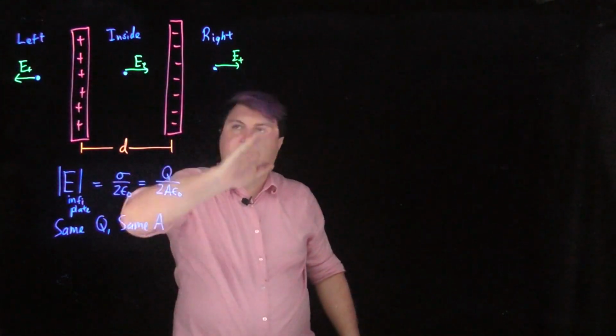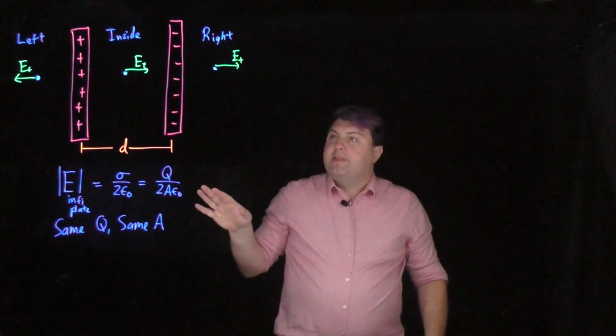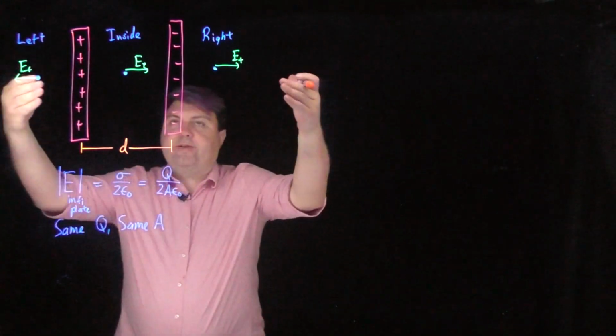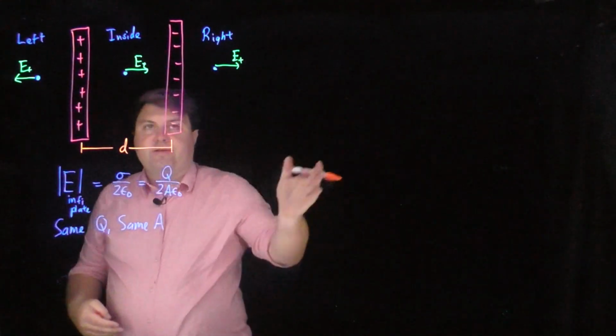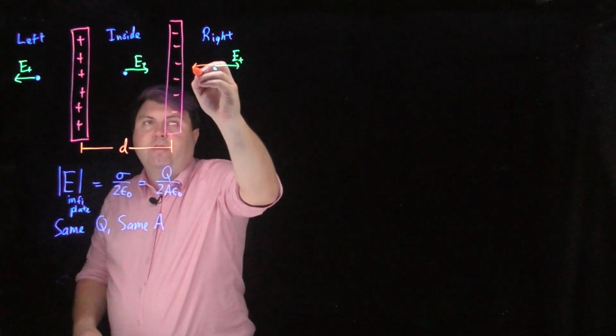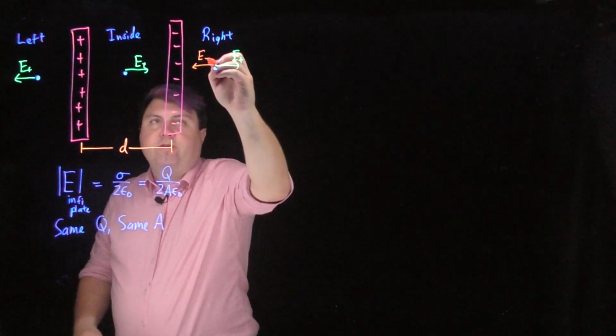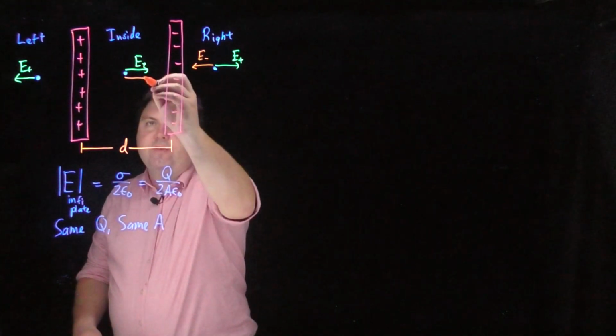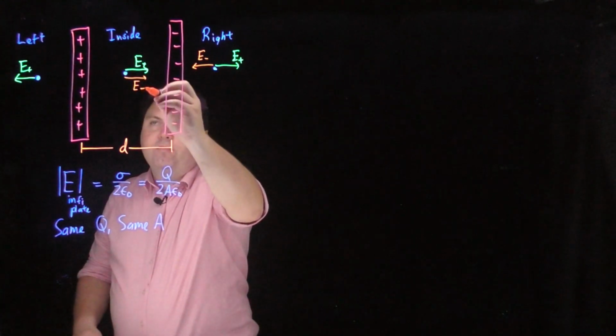These are constant fields. Then our negative plate is going to want to be pulling everything in. From the right, it's going to be pulled in, so we have this electric field E minus. On the inside, it's pulled in, so we have this electric field E minus.